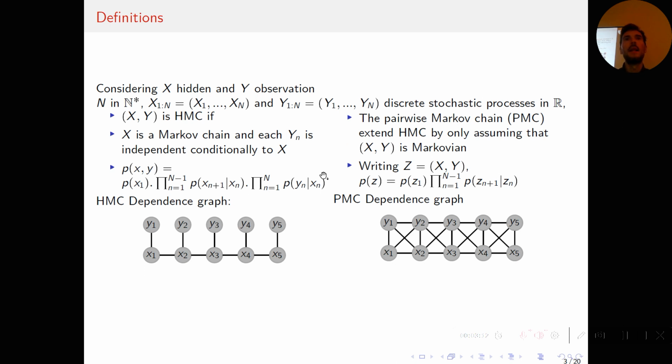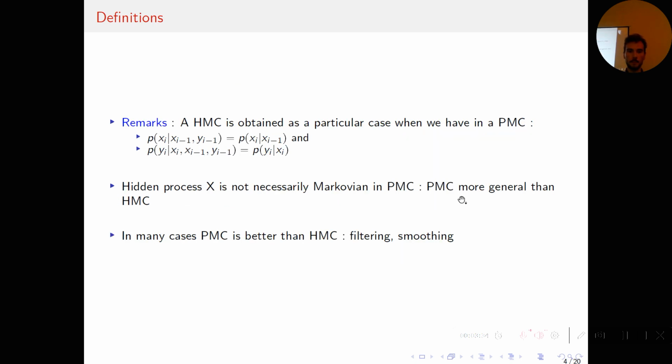And so, writing this definition can be illustrated by this equality. The probability of the entire vector is equal to the probability of our variable at time 1 times a product of the transition probabilities. PMC also has its dependence graph.